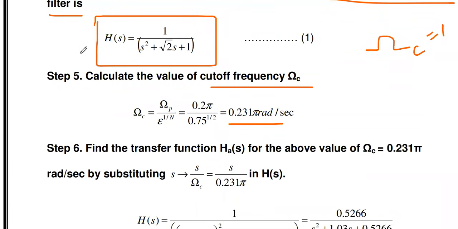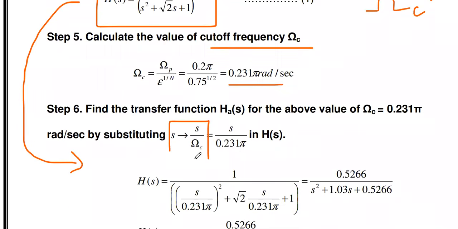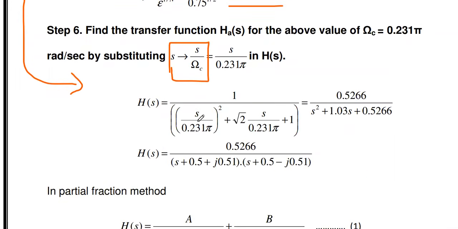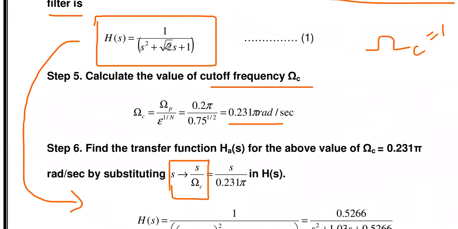Then the next step is, in order to find the transfer function of our given specification Butterworth filter, in this normalized Butterworth filter transfer function, we have to substitute s by omega c. Here what is the value of omega c? 0.231 pi. So in this H of s equation, the normalized Butterworth filter transfer function, you substitute s by omega c.